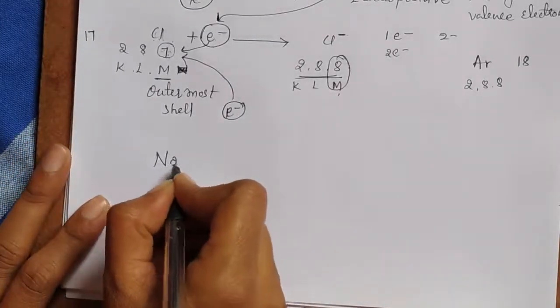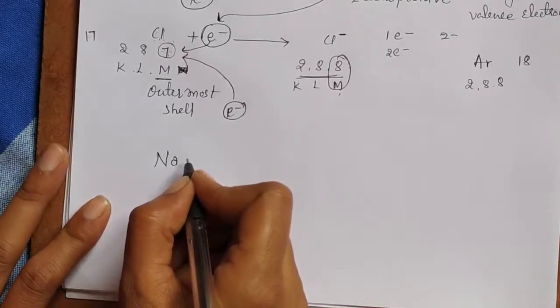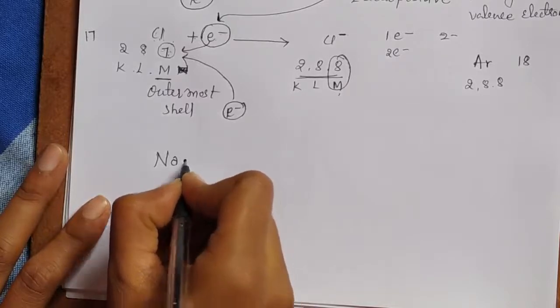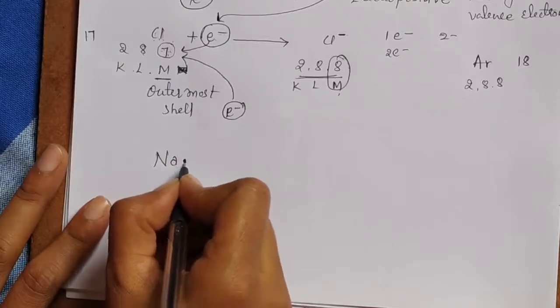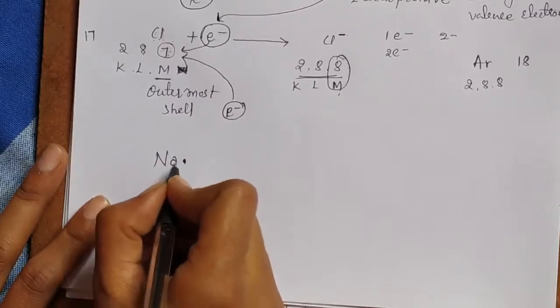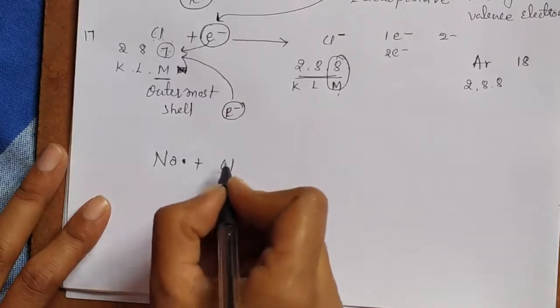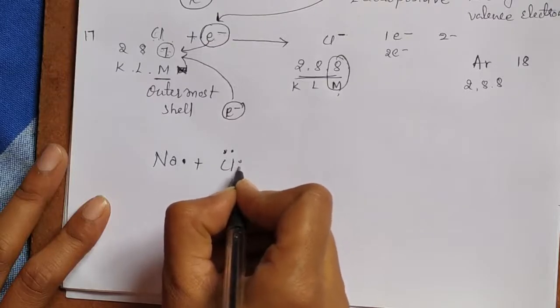This is sodium atom. Now I will represent the valence electrons with the help of dots. If I write 1 dot, this indicates that this sodium atom has 1 electron in its valence shell. Okay, next I will write chlorine. Chlorine has 7 electrons in its valence shell or outermost shell.